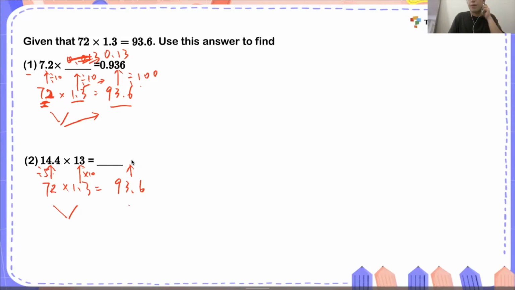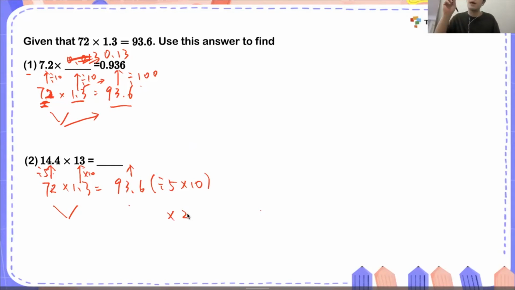Okay, so think about one is divided by 5, one is times 10. How did this product change? Okay, so that should be times 2, if that makes sense.